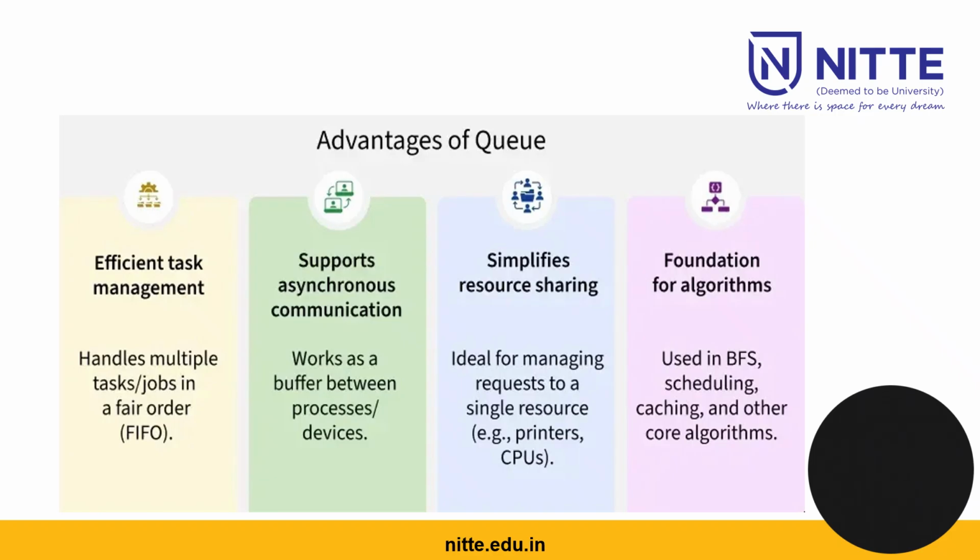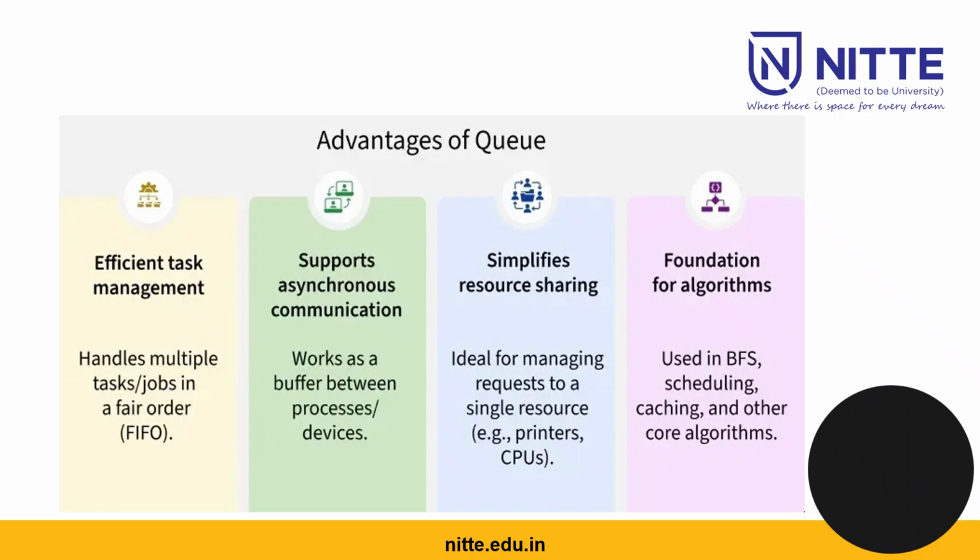The third one is that it simplifies resource sharing. The queue is very useful for managing requests to a single resource, for example printers or CPUs. If all these requests are given to one particular printer or CPU to execute, then the queue will handle the resources.